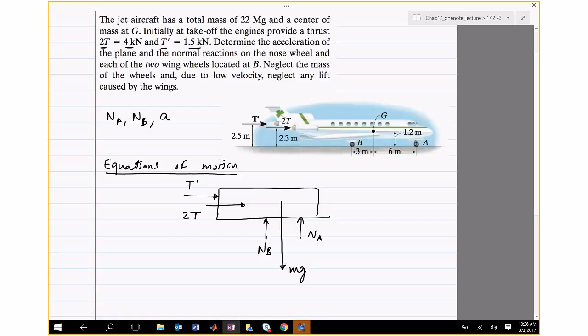Okay. Are there any other forces? Are there frictional forces? Nothing has been told about friction, so we just ignore it. Okay, so that looks like I got all the forces.